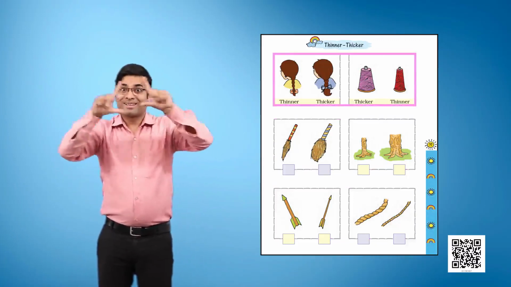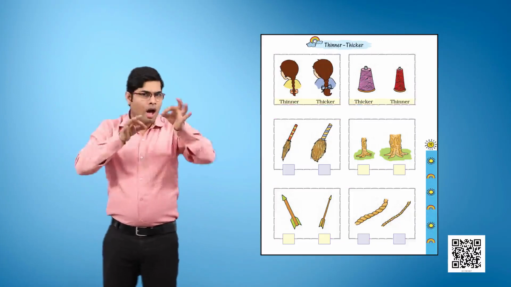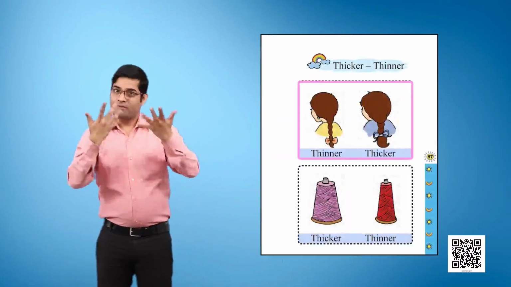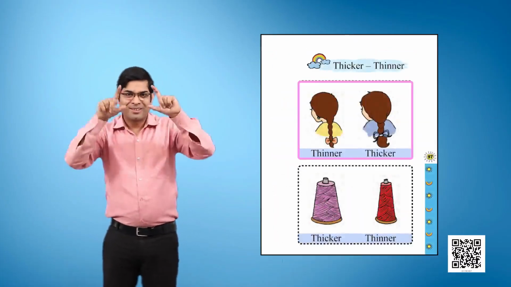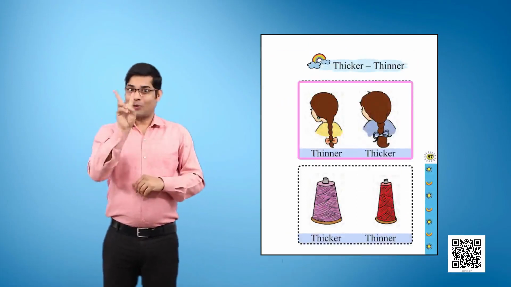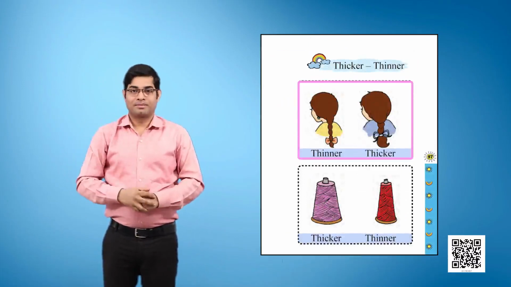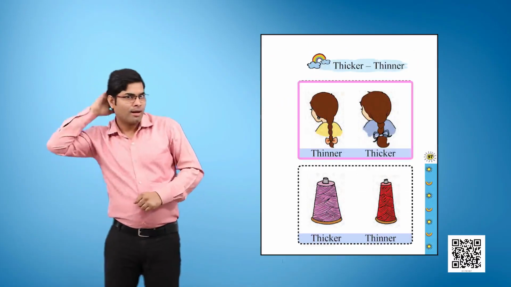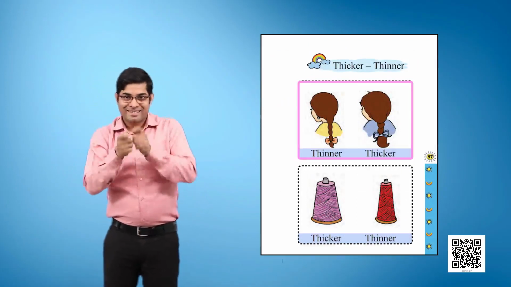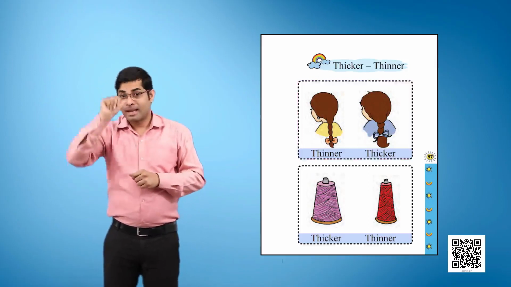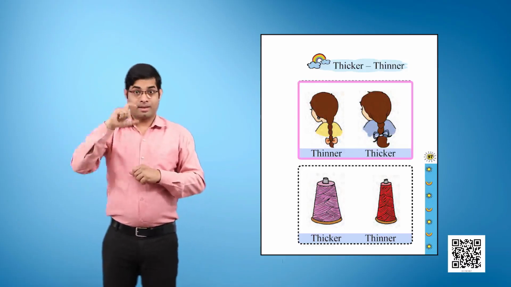Part 1 is a solved example. Part 1, Picture 1, shows the picture of 2 girls, each wearing the hair in a plait or braid, which is also called choti in Hindi.